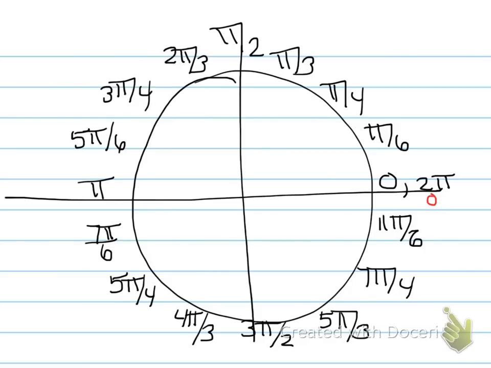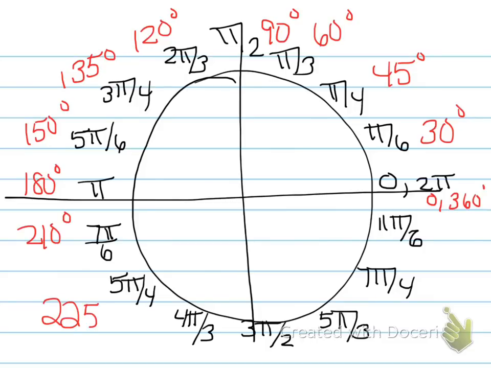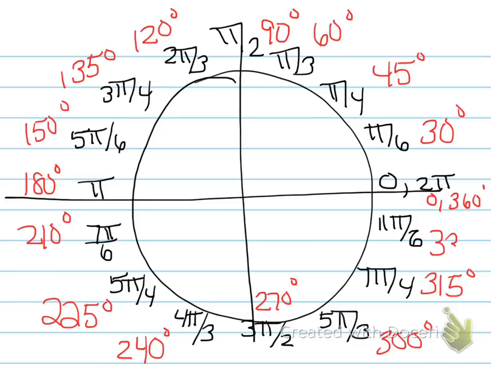So here we have 0, 360 degrees, 30 degrees, 45 degrees, 60, 90, and continuing over here, this gave us 120, 135, 150, 180, 210, 225, 240, 270, 300, 315, and 330 degrees.